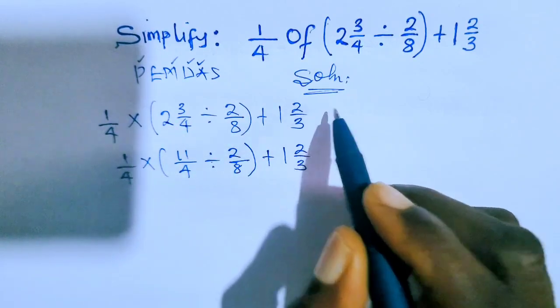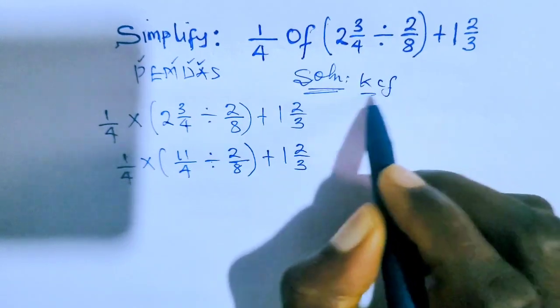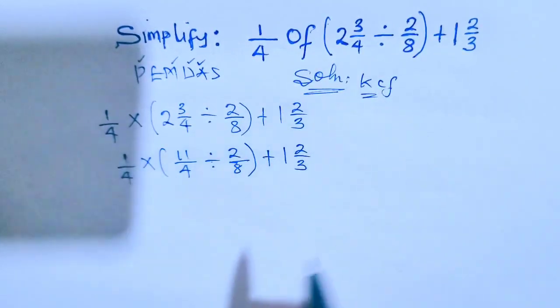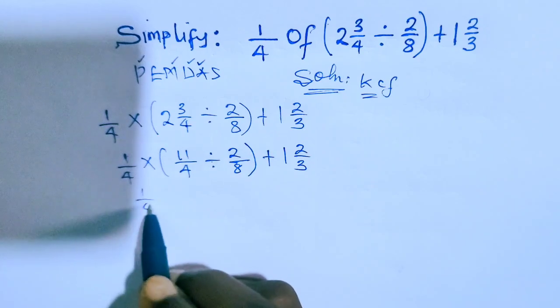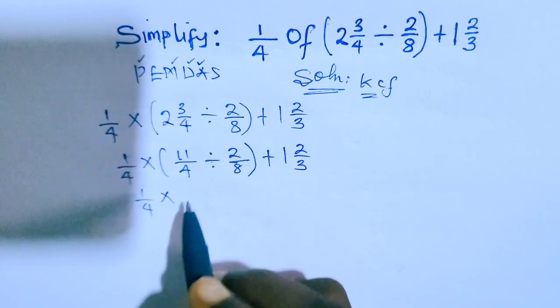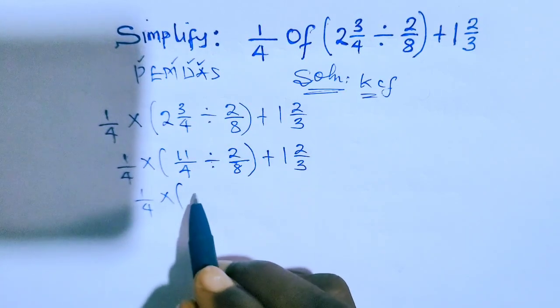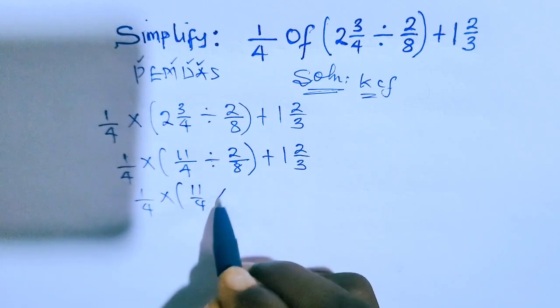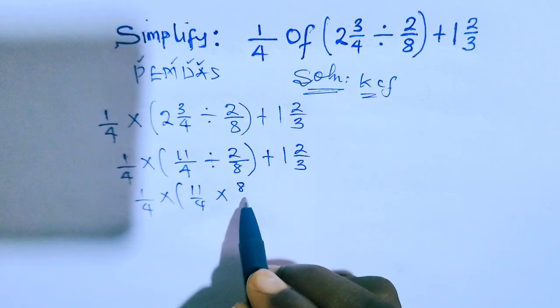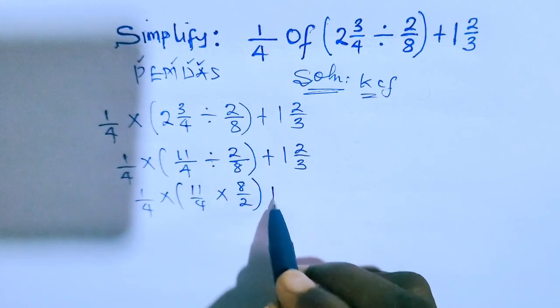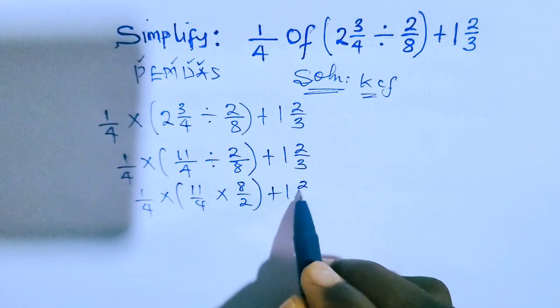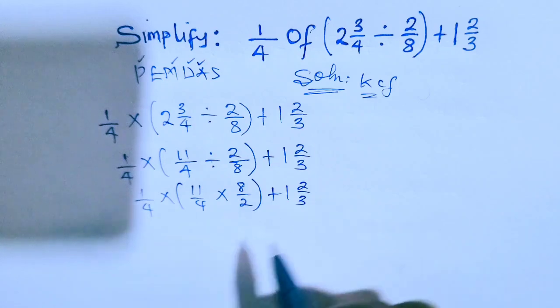That is KCF: keep, change, and flip. So the expression becomes 1 over 4 multiplied by 11 over 4 multiplied by 8 over 2 plus 1 and 2 over 3.